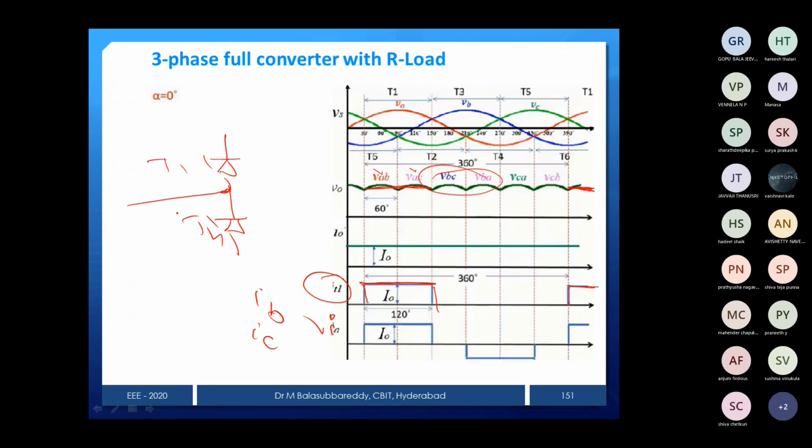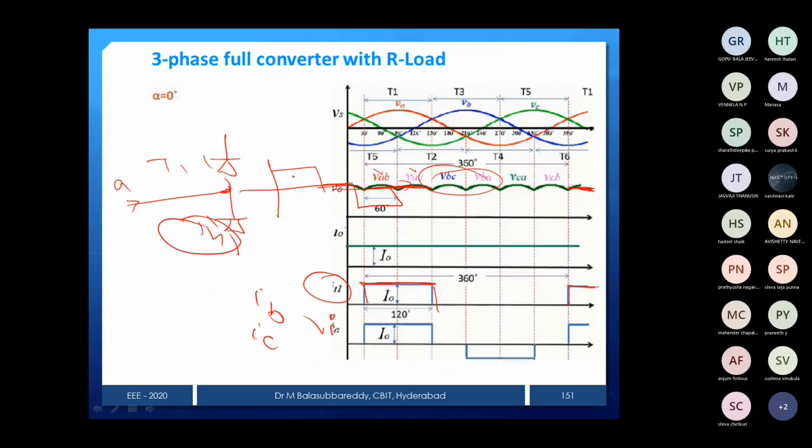So T1 and T4 are going to conduct. Whenever T1 is conducting, your current is positive, and whenever T4 is conducting, your current is negative. That is only the A phase waveform.